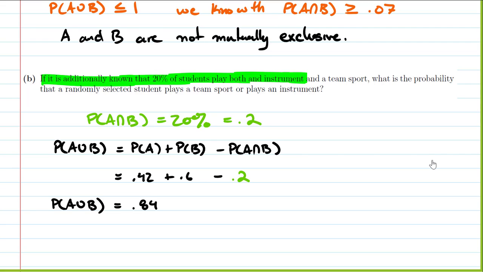All right, thank you. Yep, I did have a typo there. That should have been a 65, which will then raise that to 87. So, once again, though, we counted the people who do both sports and instruments twice. We counted them here, we counted them here, and that's why we have to subtract off that 0.2, the people who do both, because we don't want to count them twice.